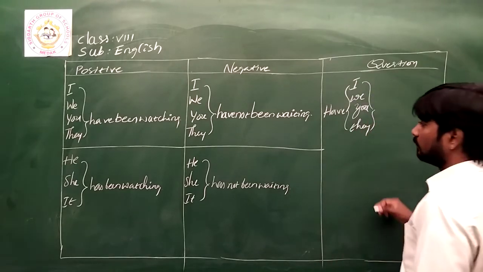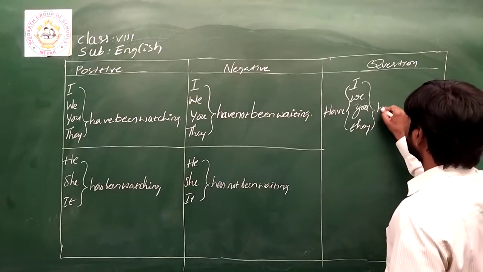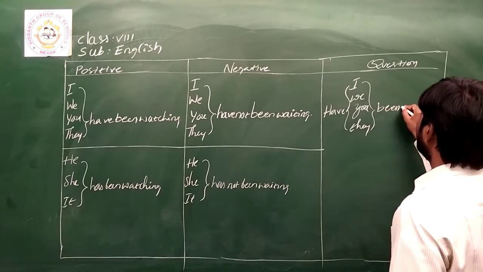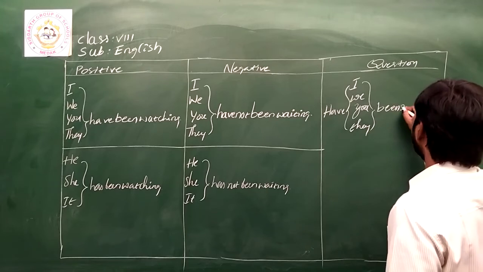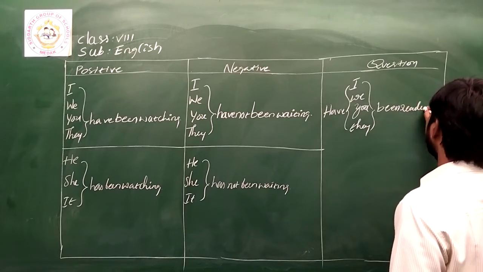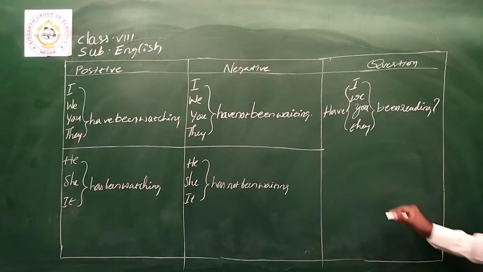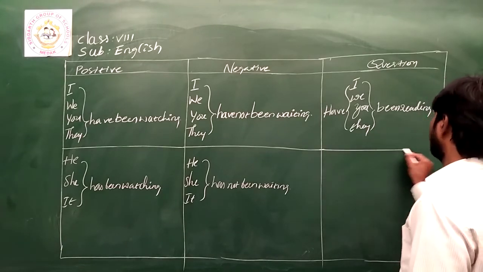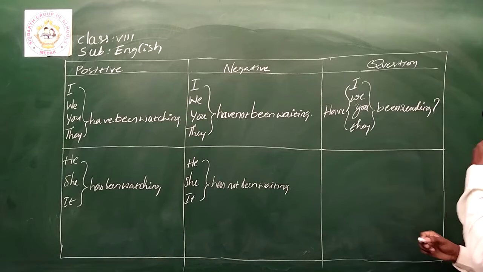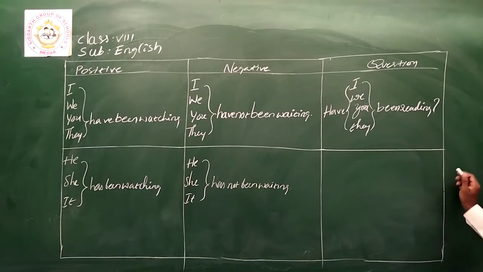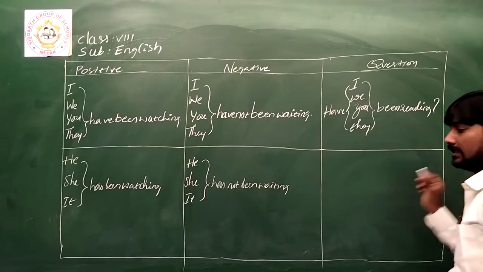Have I been? Have you been reading? Question mark. Don't forget that question mark. Have they been reading? Have we been reading? Like that. Okay. Next, has.